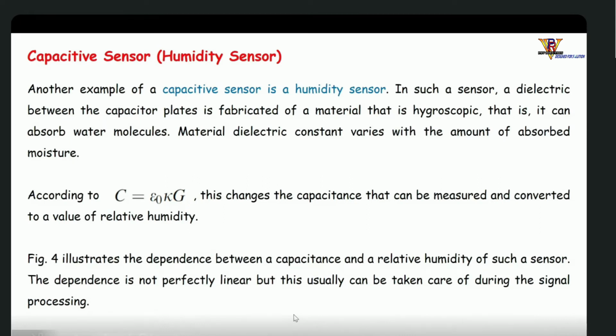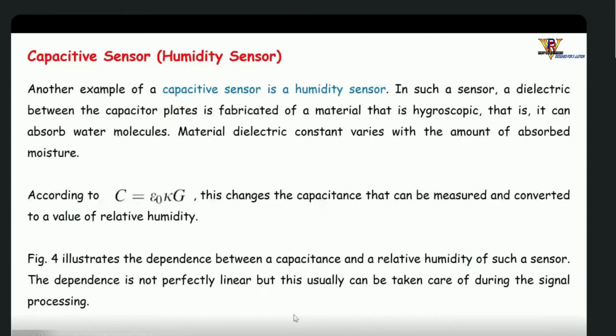So when the material absorbs water molecules, the material's dielectric constant varies with the amount of moisture. So now, what happens? The dielectric constant will directly depend on the moisture content of the material. So indirectly, the capacitance can be expressed in terms of the humidity.